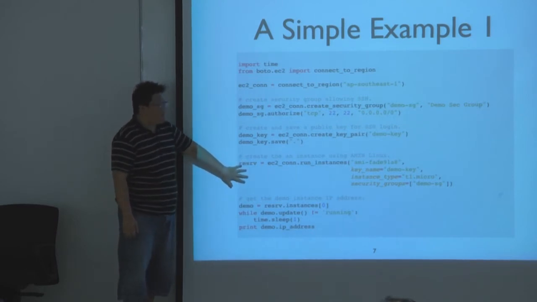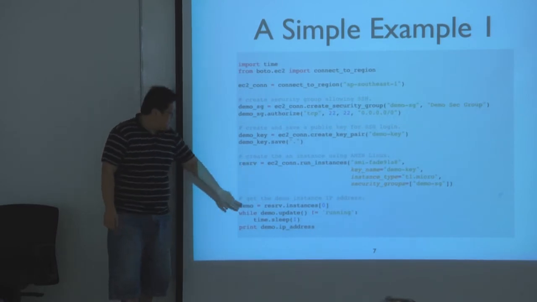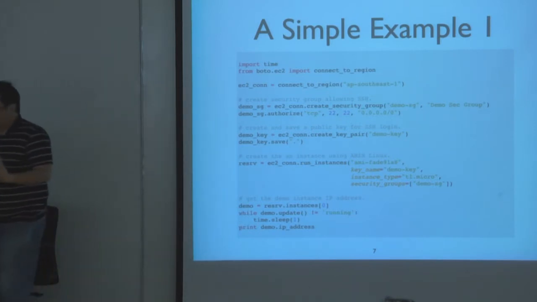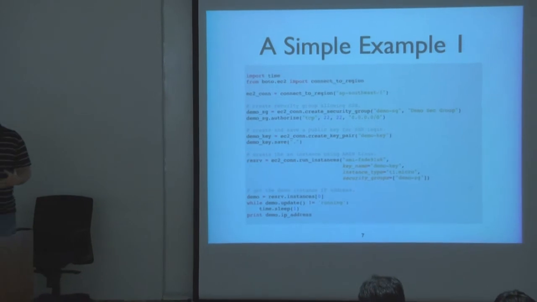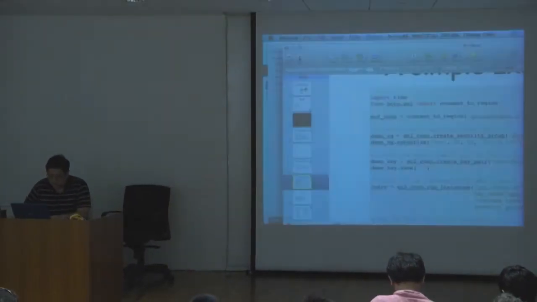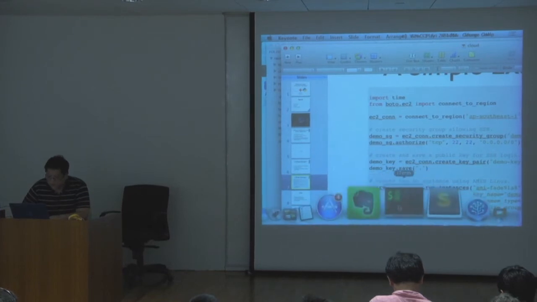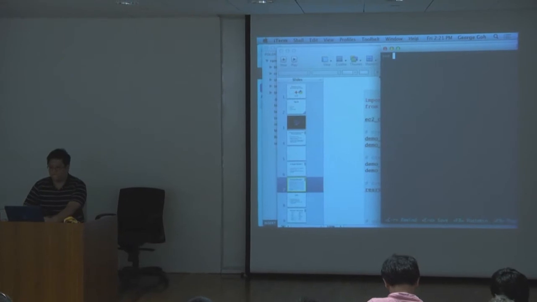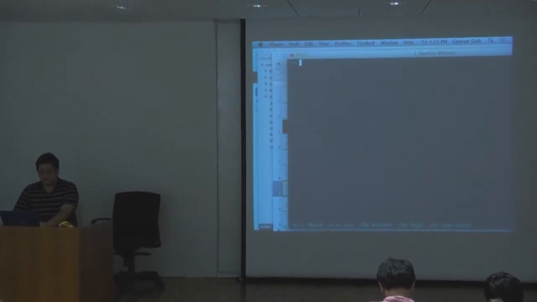The next one is just a command to start your instance. And the next few lines are just to wait for your instance to get up and running and print out the IP address. Okay, so this is my first demo for this presentation. I hope it doesn't blow up.